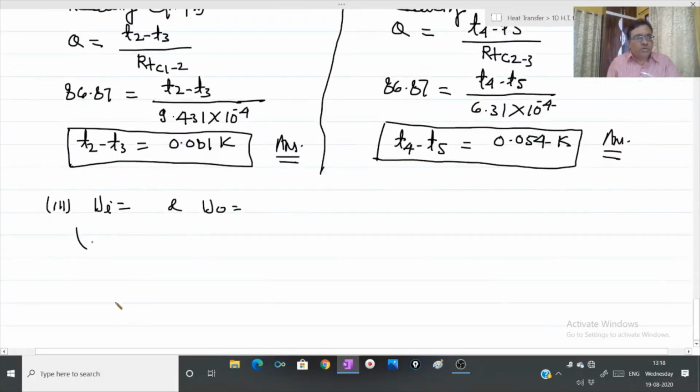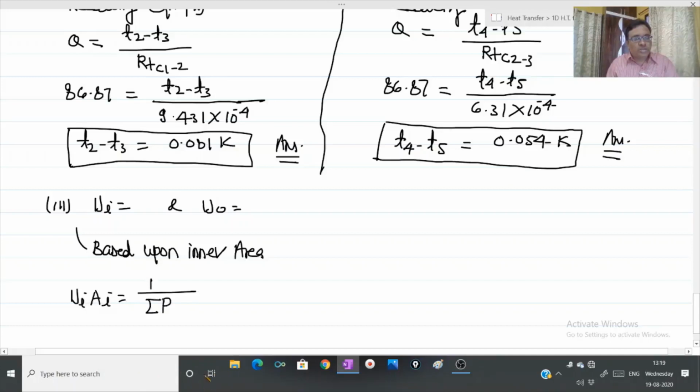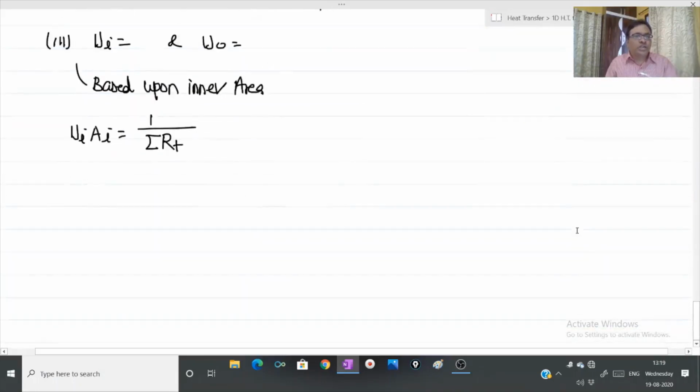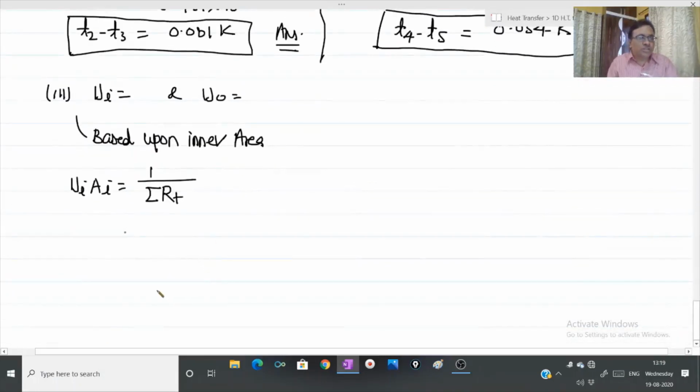So, based upon inner area, Ui into Ai is equal to 1 over summation of RT. We have this relationship between overall heat transfer coefficient and total thermal resistance.